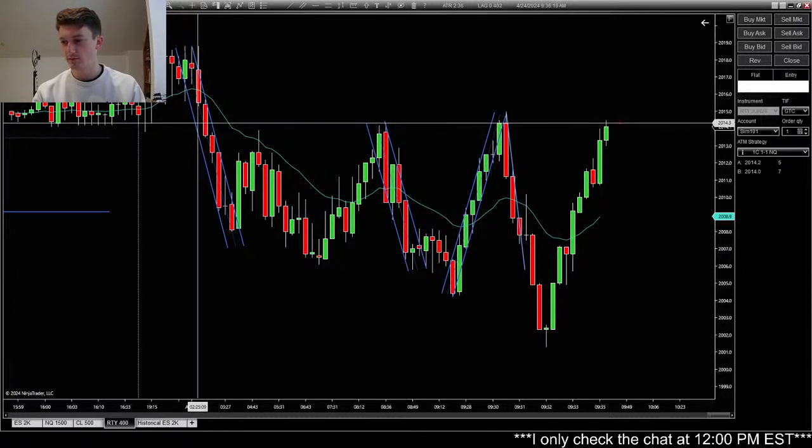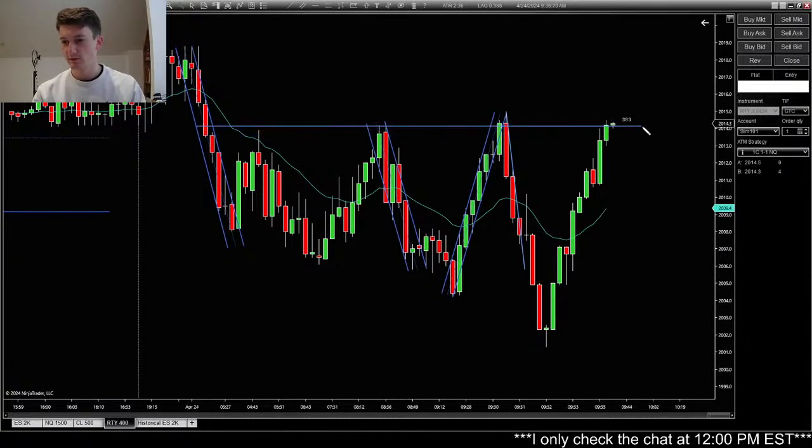Interesting. It's clearly, I don't know about clearly, but let's go ahead and draw this uptrend here. I can't figure out the structure on the RTY.